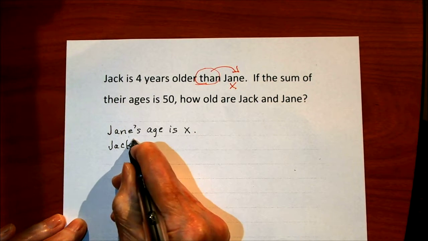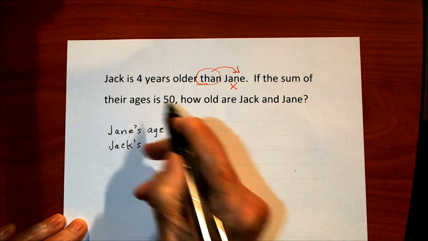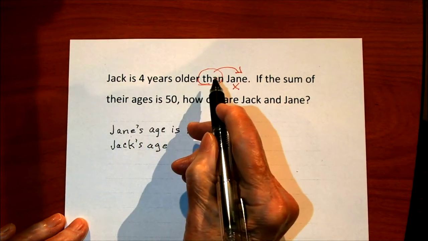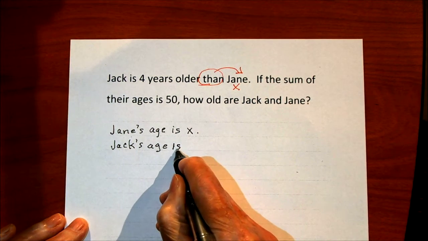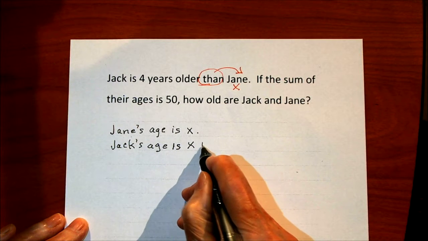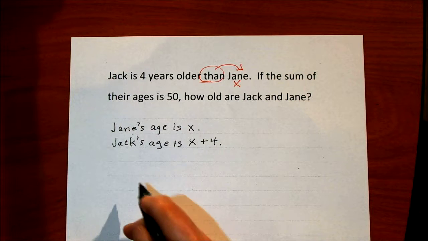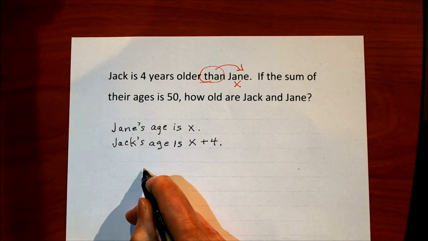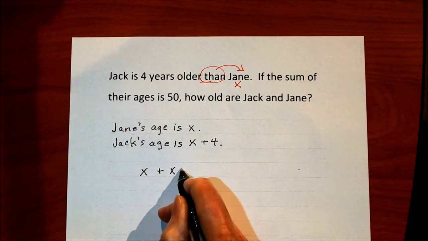Well, he's 4 years older than Jane, so he's Jane's age plus 4 years. So we write an equation. Jane's age plus Jack's age equals 50.